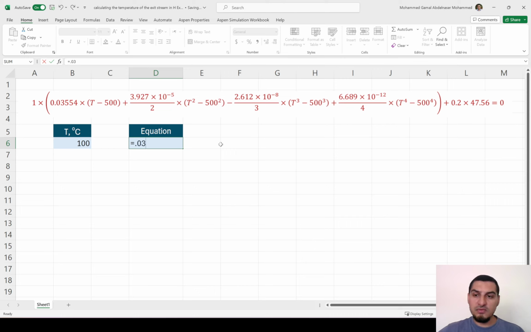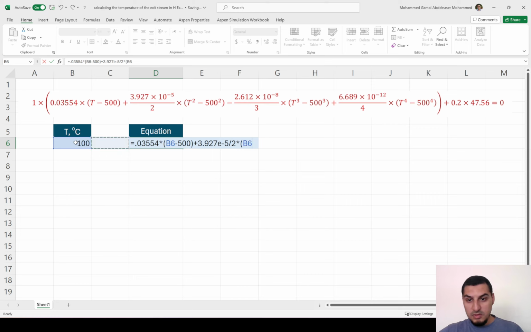So this is t minus 500. Of course this equation must be calculated using the value that we assumed here, because we are going to change this value later.